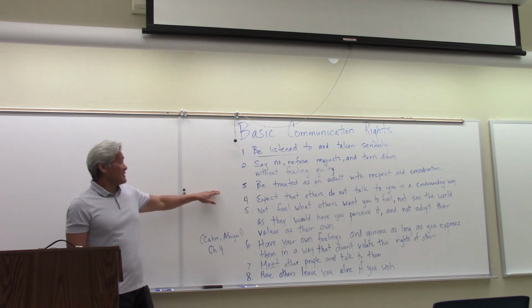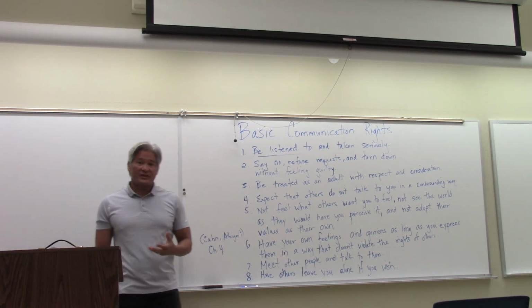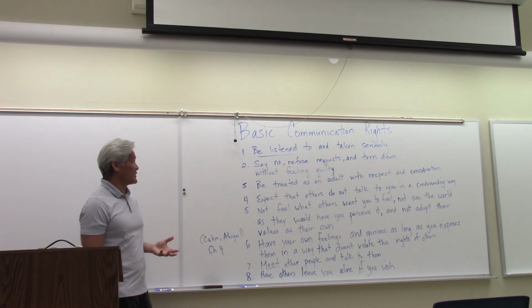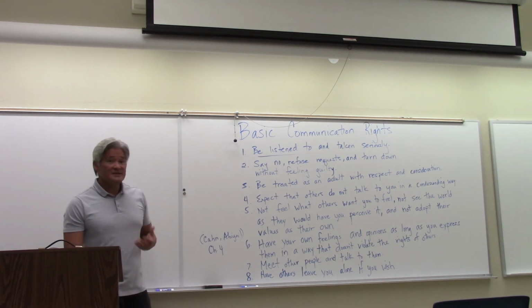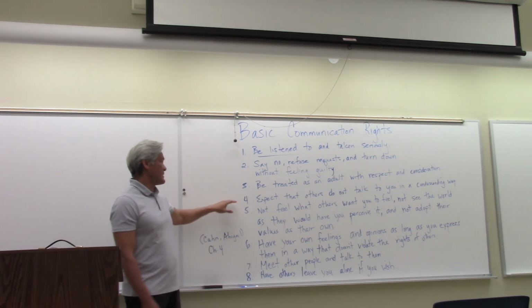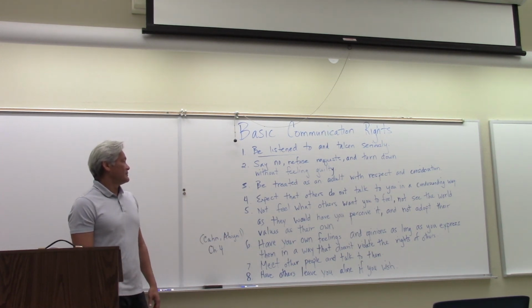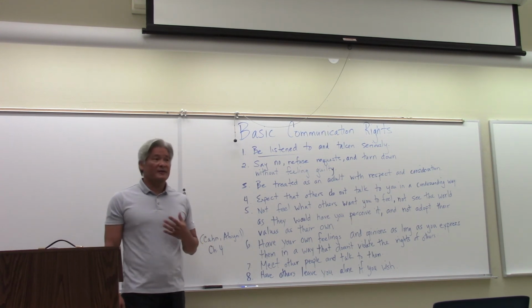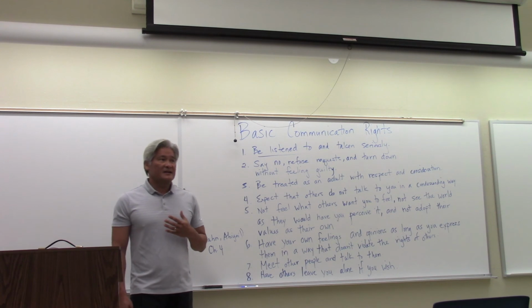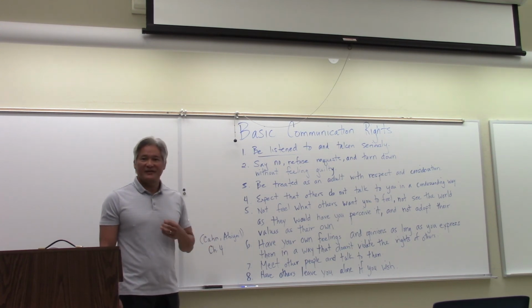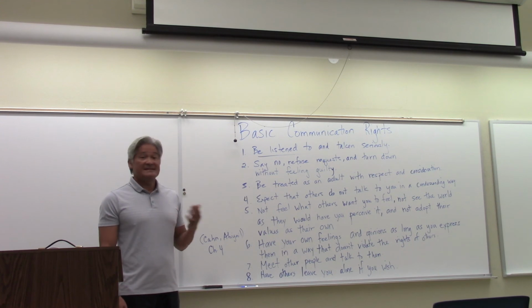And we've talked about being treated as an adult, not being spoken down to, being treated with respect, and then of course when you're communicating with others, not infringing on their right to being treated with respect. Expect that others won't talk to you in a condescending way. Okay, we've gone over Dr. Gottman's 4 horsemen of the apocalypse in a conflict sense, and contempt.